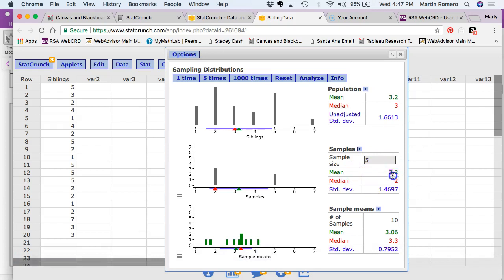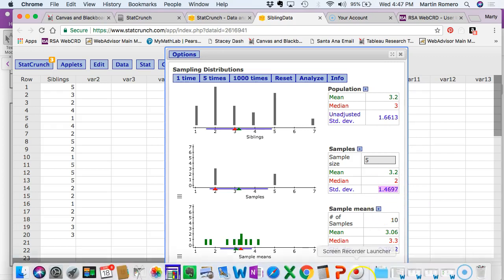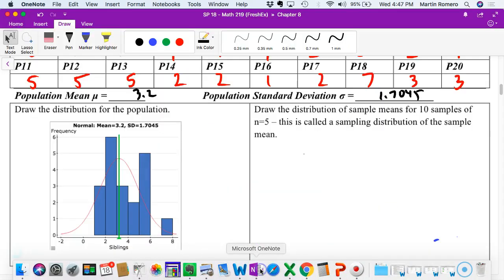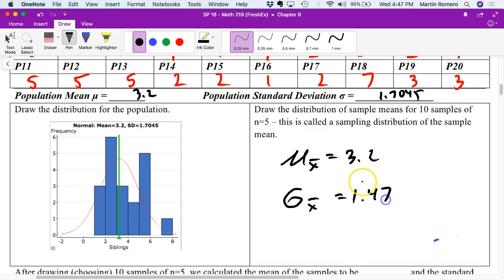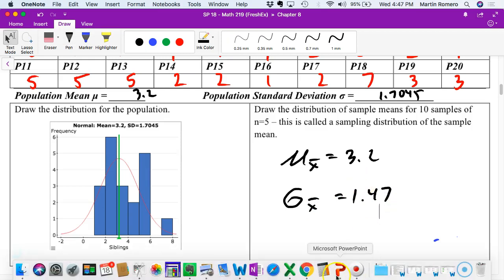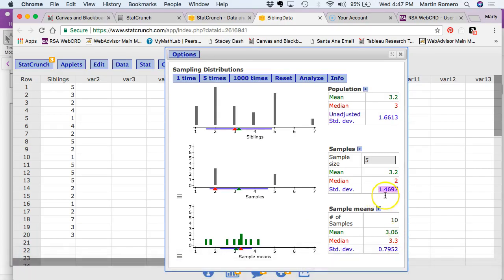The mean is 3.2 and the standard deviation is 1.469. So what is this called right here? We end up with a mean of the distribution of 3.2 and the standard deviation of the distribution 1.47. That's what we ended up with when you look at this here, 1.47.